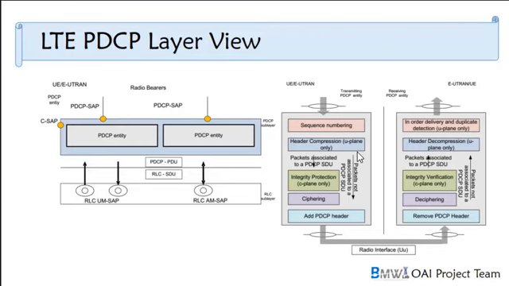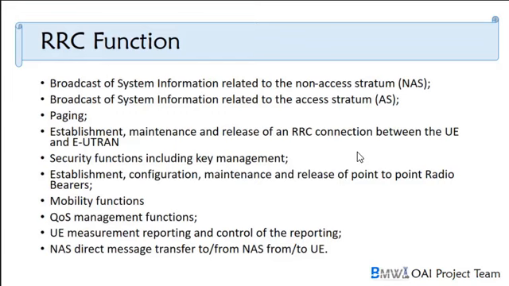Okay, we are going to the next slide. Now it is the RRC function, the upper layer one. The use of RRC is broadcast of system information related to non-access stratum, and then broadcast of system information related to access stratum. So there are access stratum and non-access stratum.